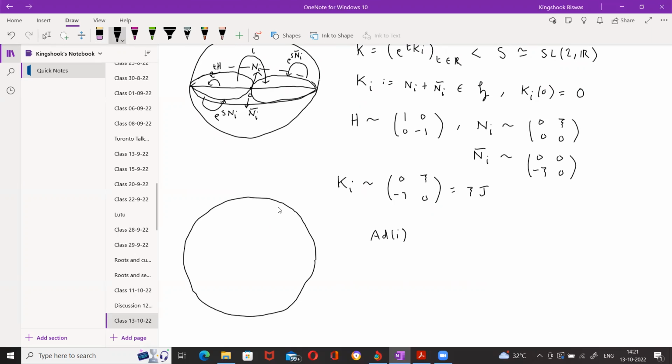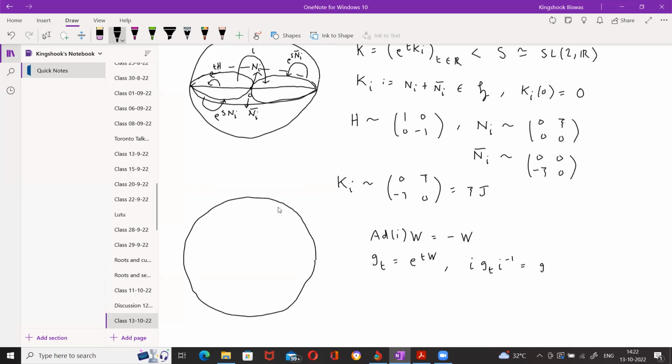So if ad I of some vector W is equal to minus W, then what does this mean? This means if I put g_t to be the one parameter subgroup e to the tW, then I g_t I inverse is going to be e to the t ad I of W, which is e to the minus tW.